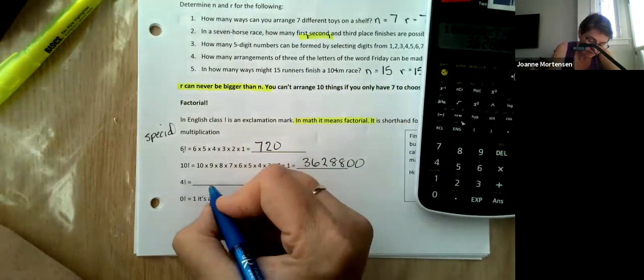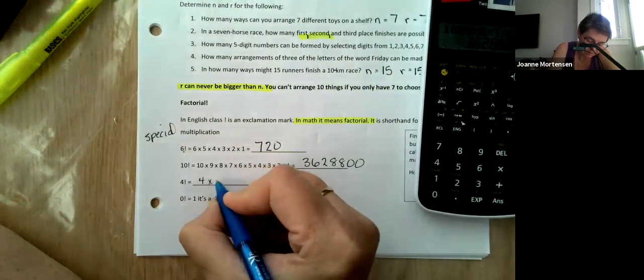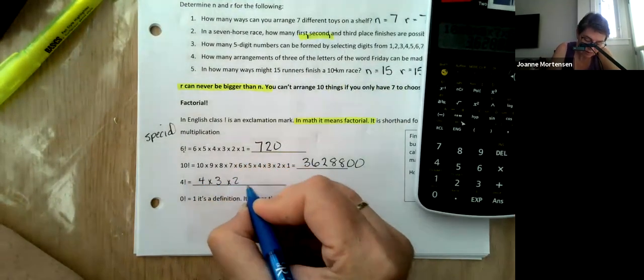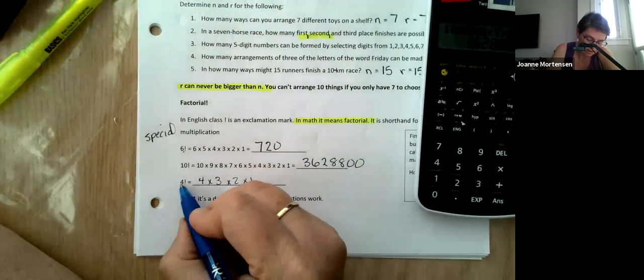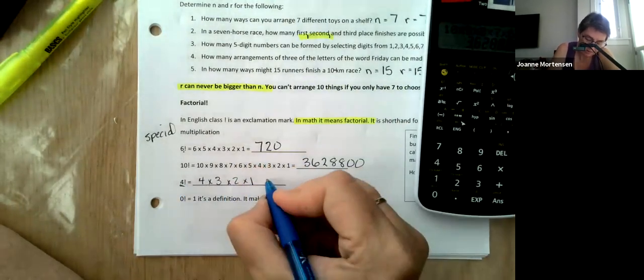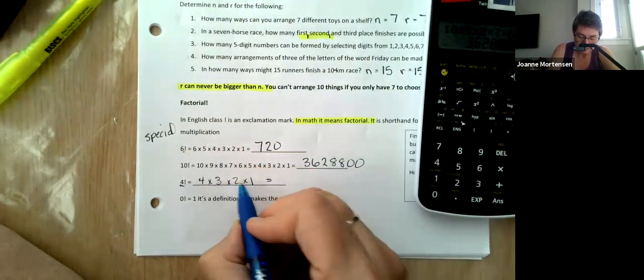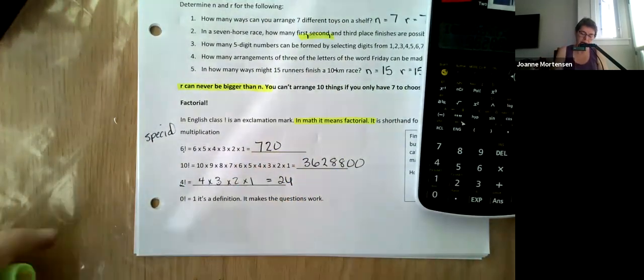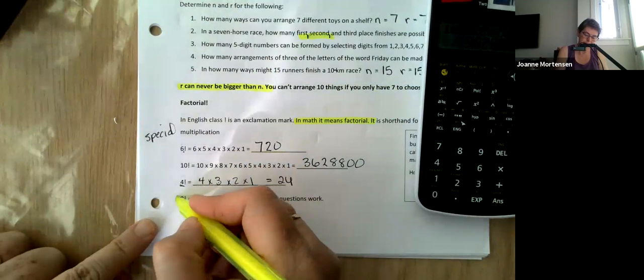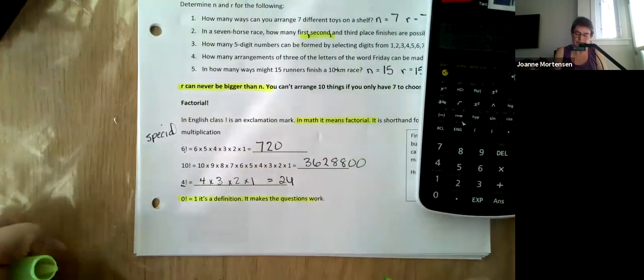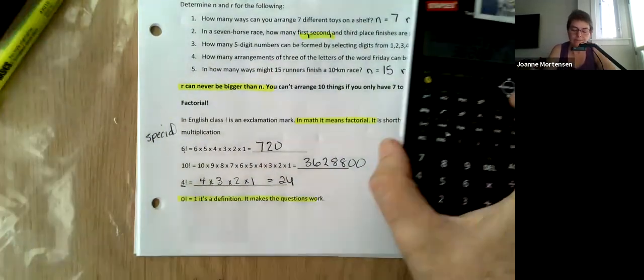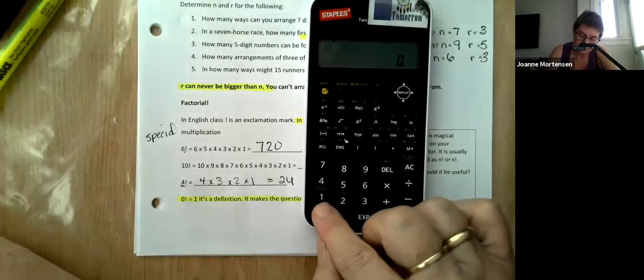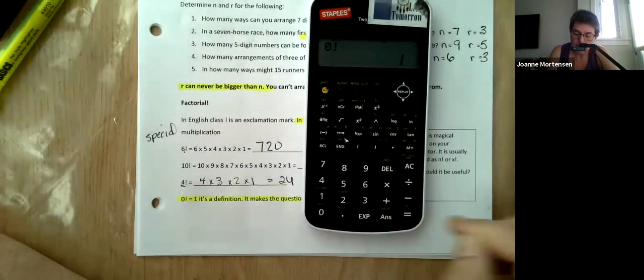So 4 factorial is going to be 4 times 3 times 2 times 1. It's always where you start, and you just multiply down until you hit 1. That's going to be 24. And this part, 0 factorial is 1.